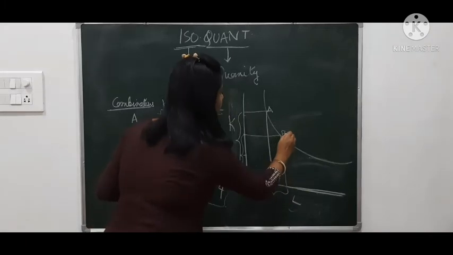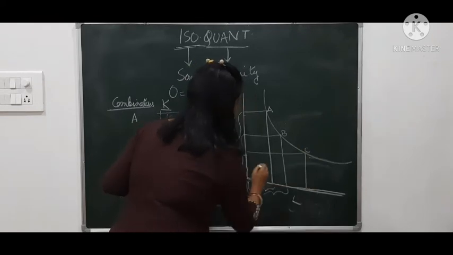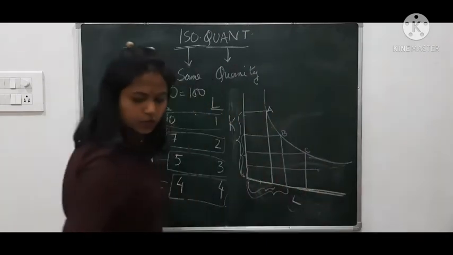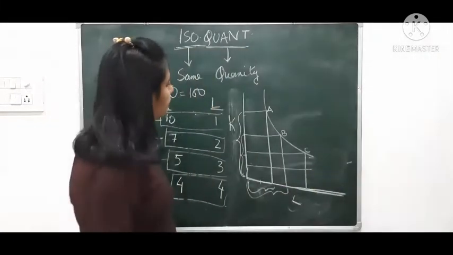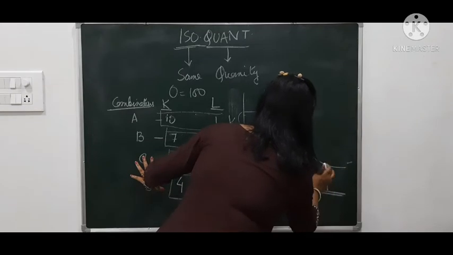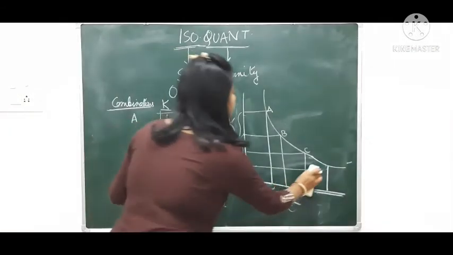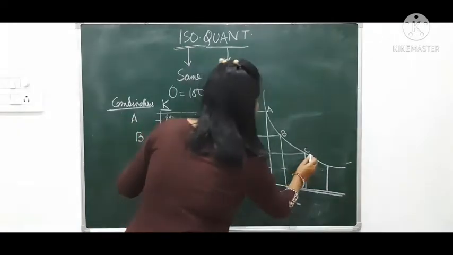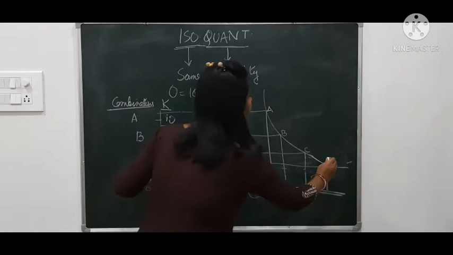This is combination B, for example. Then you move on to combination C, and then to combination D.